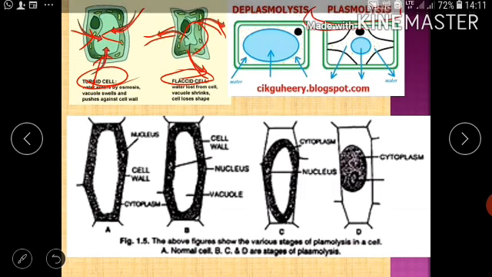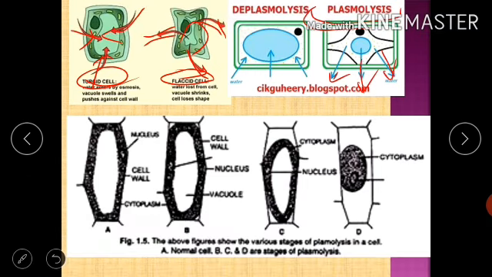In plasmolysis, the same thing happens as in exosmosis. In exosmosis, water moves out. Here also, can you see water moves out and the cell or the vacuole shrinks and loses its shape.